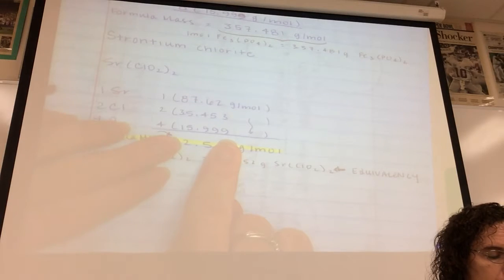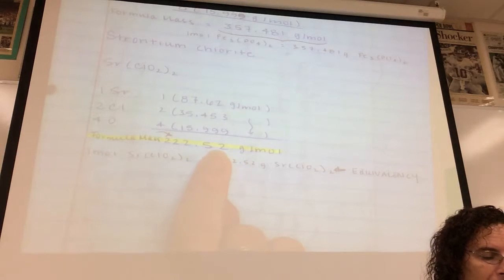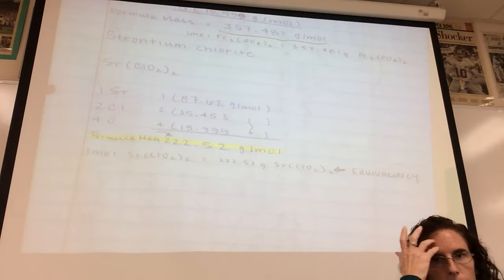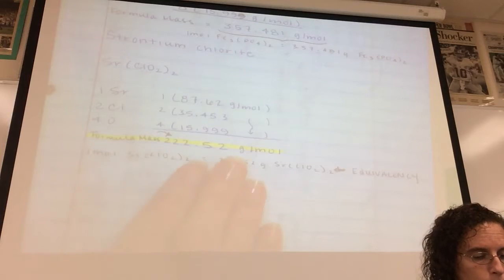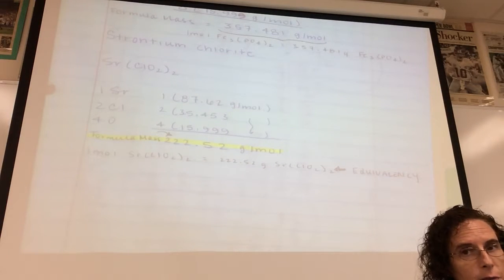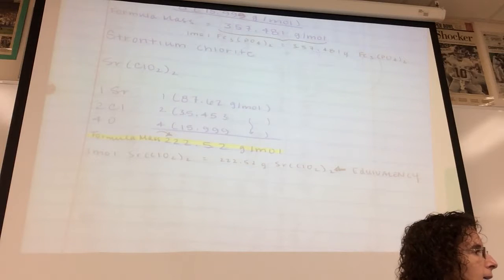If you have an even number followed by a 5 and any other number than 0 after that 5, then you automatically round up. So if you were asked to round this to the ones place, you would round it to 223. Okay? And that's something we'll make sure we're continuing to do, is review our rounding as well as our sig figs, because sig figs are going to come back in full force now.